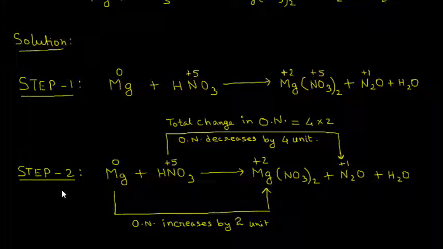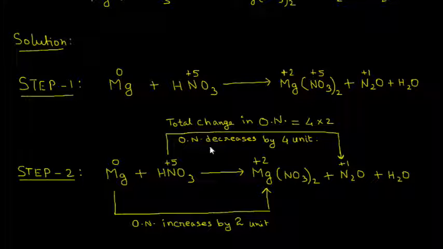In step 2, we write the total change in oxidation number. We can see the oxidation number of Mg changes from 0 to +2, that is, increased by 2 units.